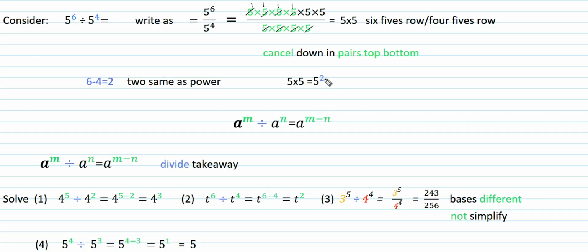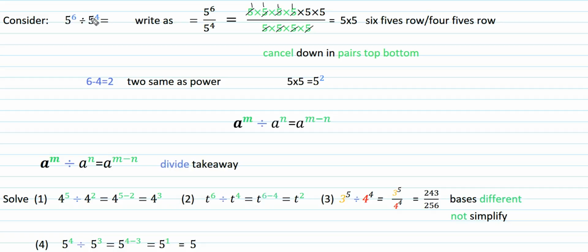You can see a 2 here. Now if we look from the original equation, we have 6 and 4. Now 6 take away 4 is 2. This 2 is the same as this 2. So this is the second law of indices. When you're dividing the numbers, you just take the powers away.